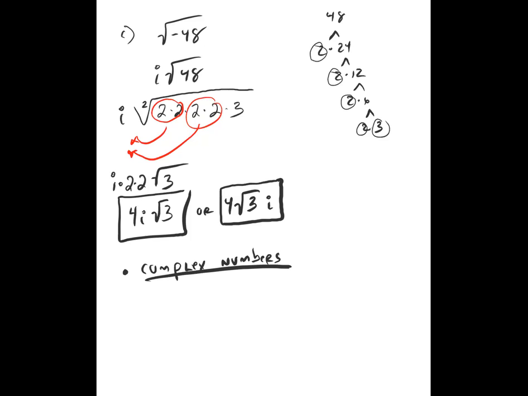A complex number is a number in the form of a plus bi.